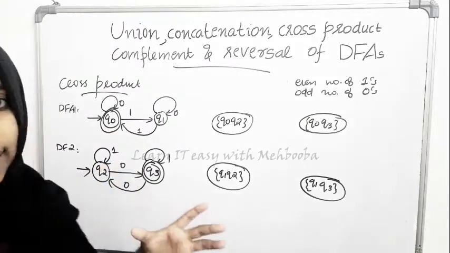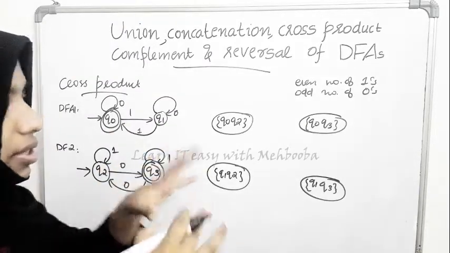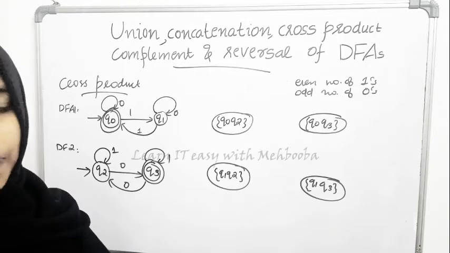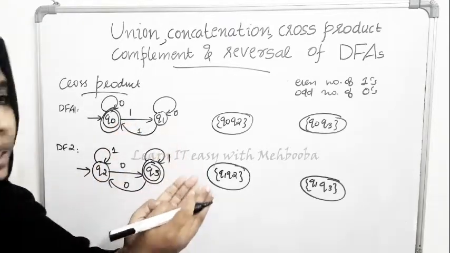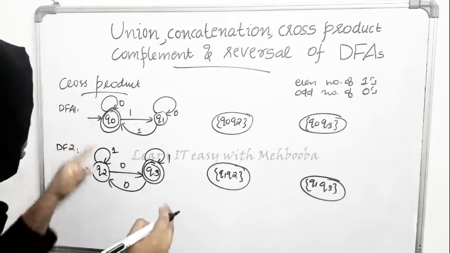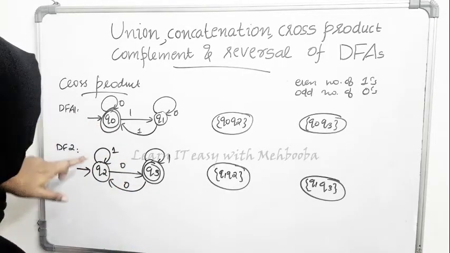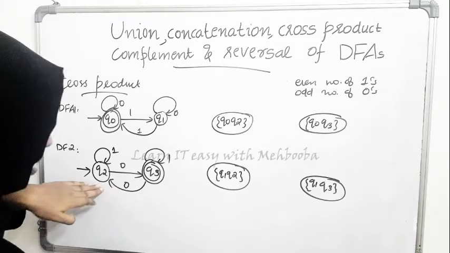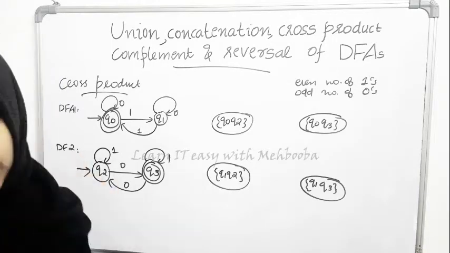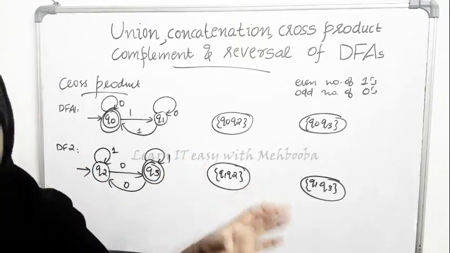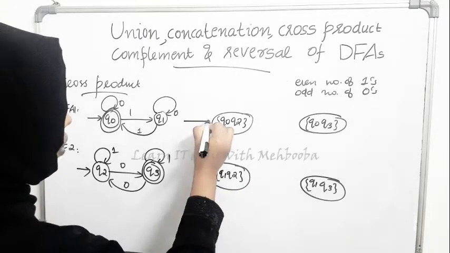Now the start state of the final DFA is the state containing the start state of both these DFAs. The start state of this DFA is Q0, the start state of this DFA is Q2. So the set containing Q0, Q2 is the start state for the final DFA.